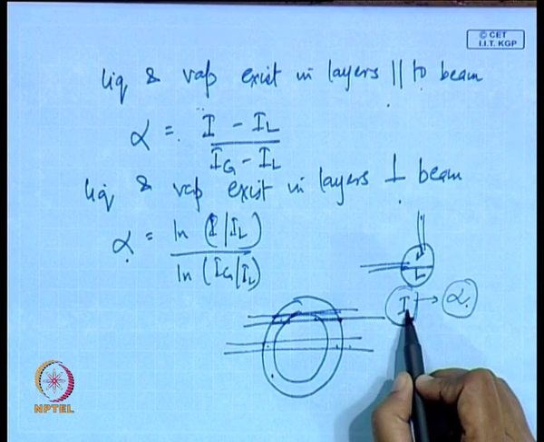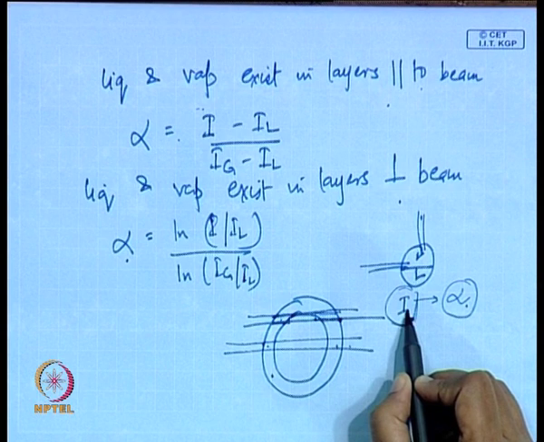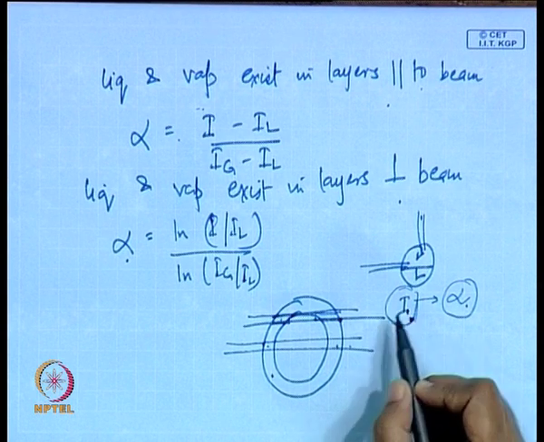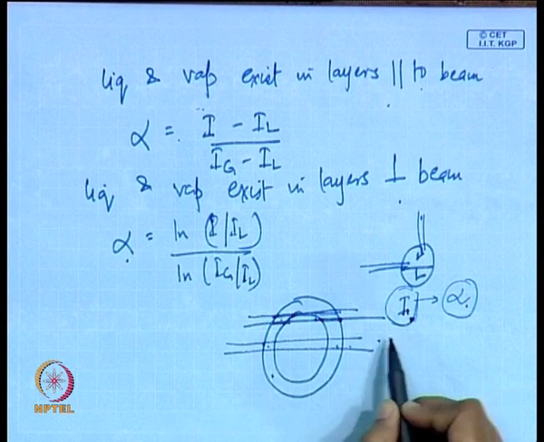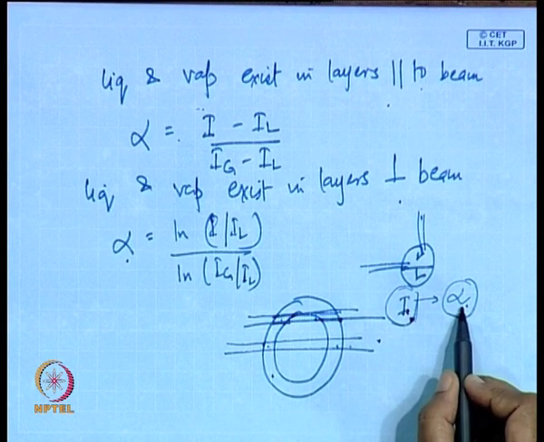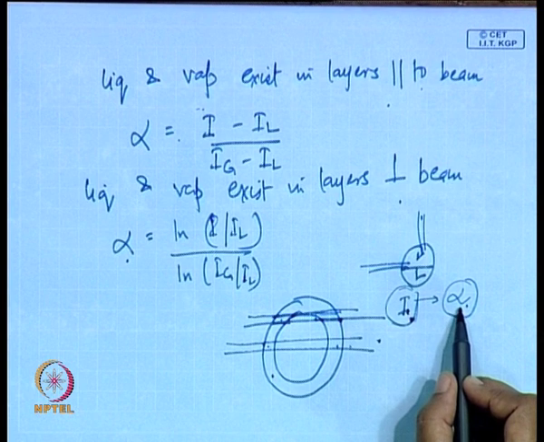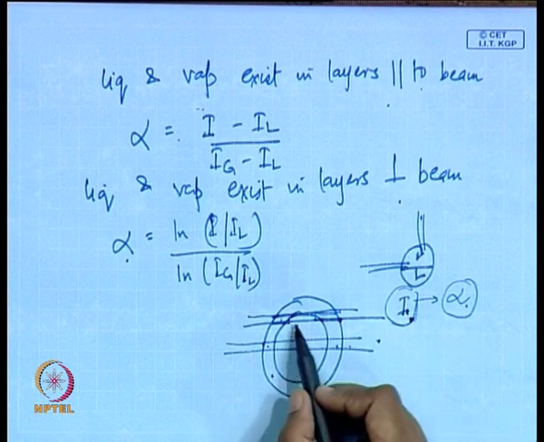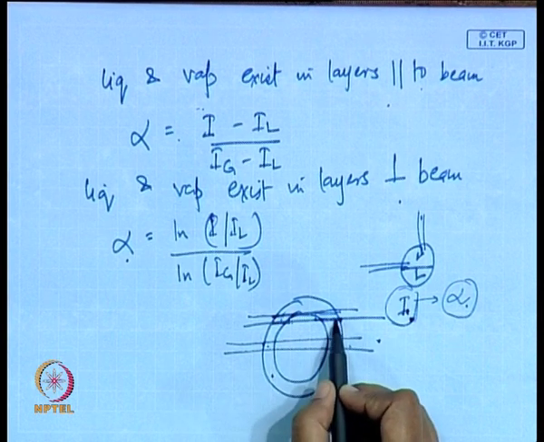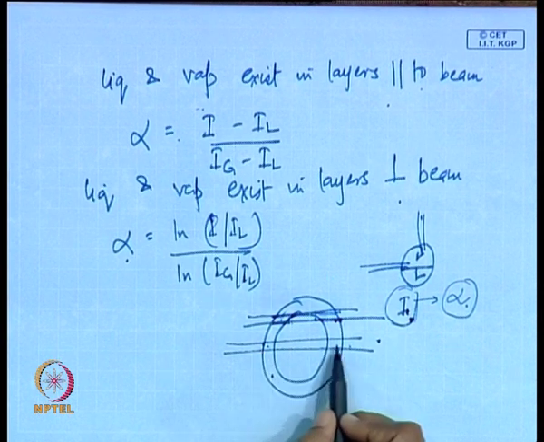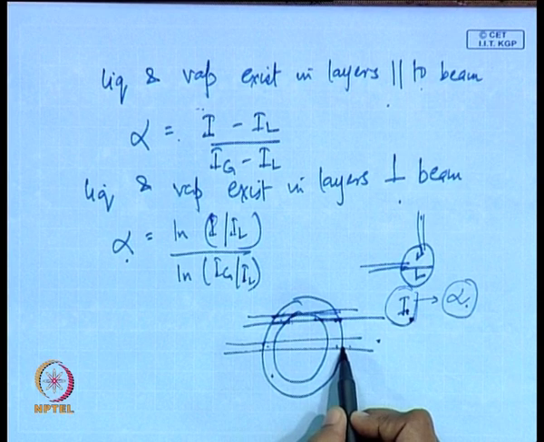So this particular measurement and its interpretation has to be very, very accurate. In this particular case, the I which we get here and the I which we get here cannot be related by the same equation for alpha. Here we have to make allowance for the fact that the radiation is travelling over a larger distance, whereas in this case it is travelling a smaller distance.